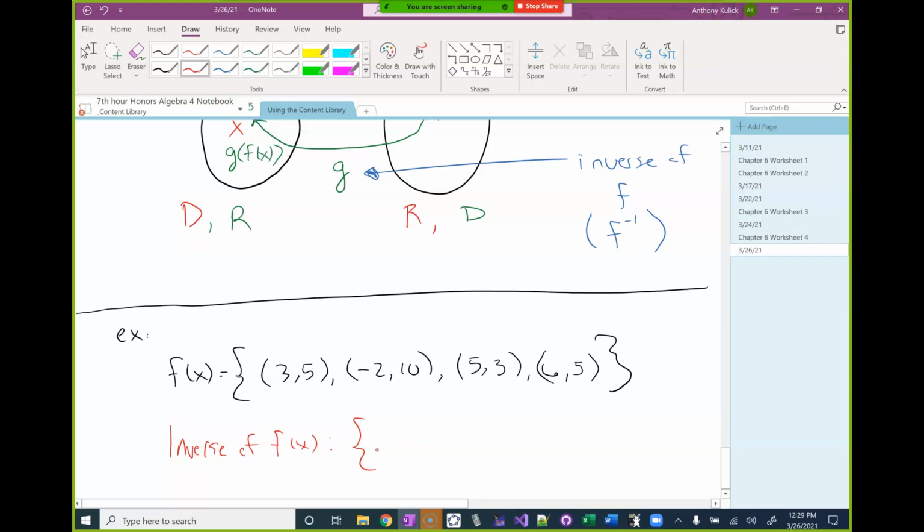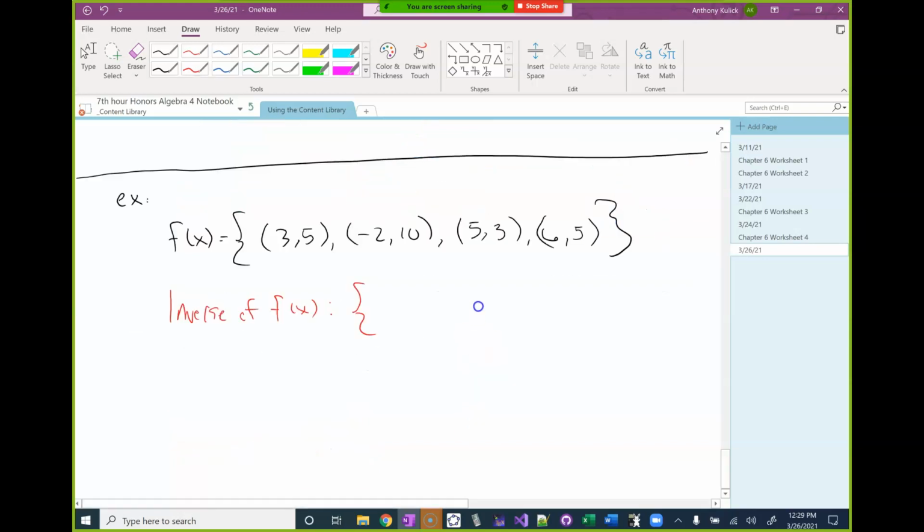Well, let's think about it for a second. A mapping diagram, maybe, rather than a set of ordered pairs.